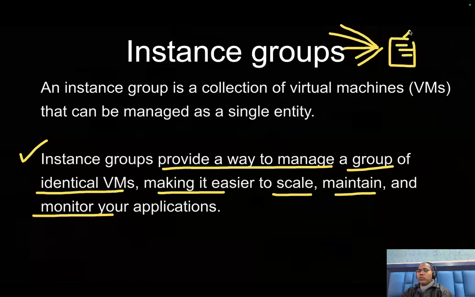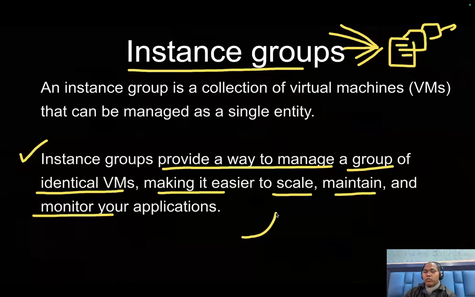So you need multiple virtual machines so that they can take care of it. The instance group helps in those scenarios. You can create a bunch of virtual machines, and apart from that, it provides the facility to scale your application, maintain your application, and monitor your application.